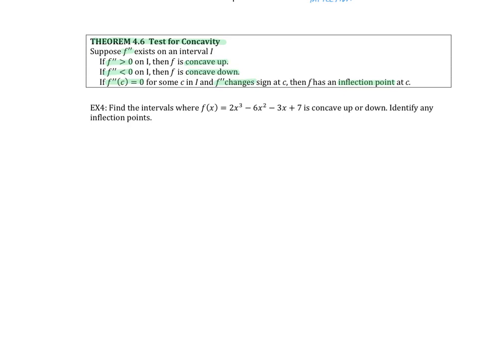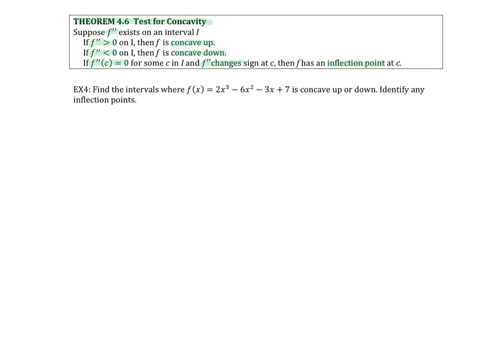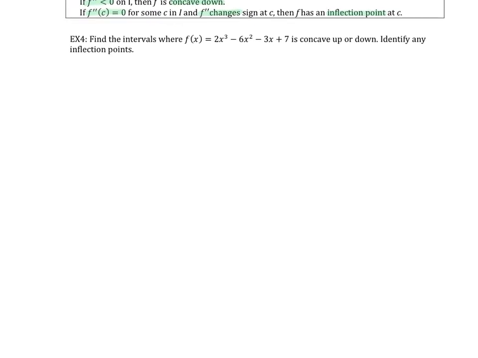In example 4, we're going to test for concavity, and then we'll identify any inflection points. So to test for concavity, I need the second derivative. My first derivative is going to be 6x squared minus 12x minus 3.